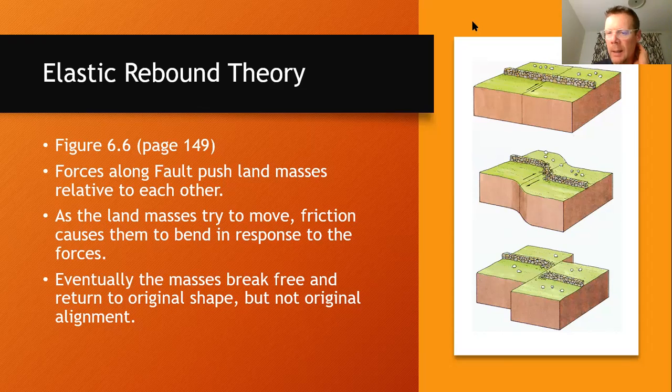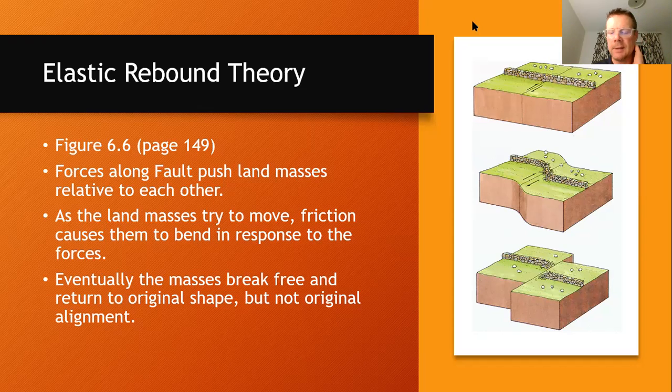So we have forces moving in opposition to one another. As those land masses try to move, friction stops some of the movement and causes a bend. And eventually the masses break free of that friction. They return to their original shape, but not their original alignment. So if we had a wall along that fault line, that friction would lead to a shift in position of that wall, where we would suddenly have a separation between the two pieces of wall.